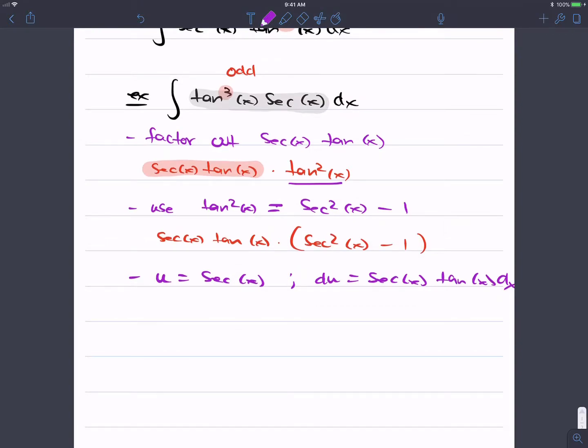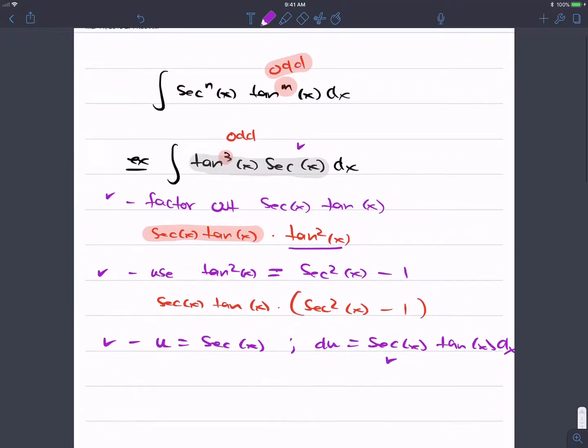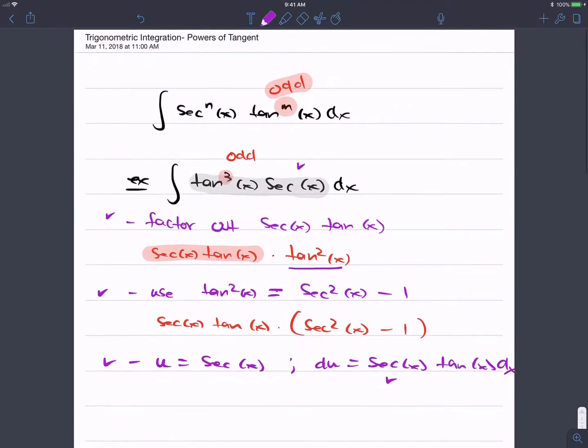Okay, so this is what we're going to use. We're going to use these three or four facts when we integrate an odd power of tangent if you have a secant function there as well. So this is kind of the focus of this particular procedure for integrating these types of functions.